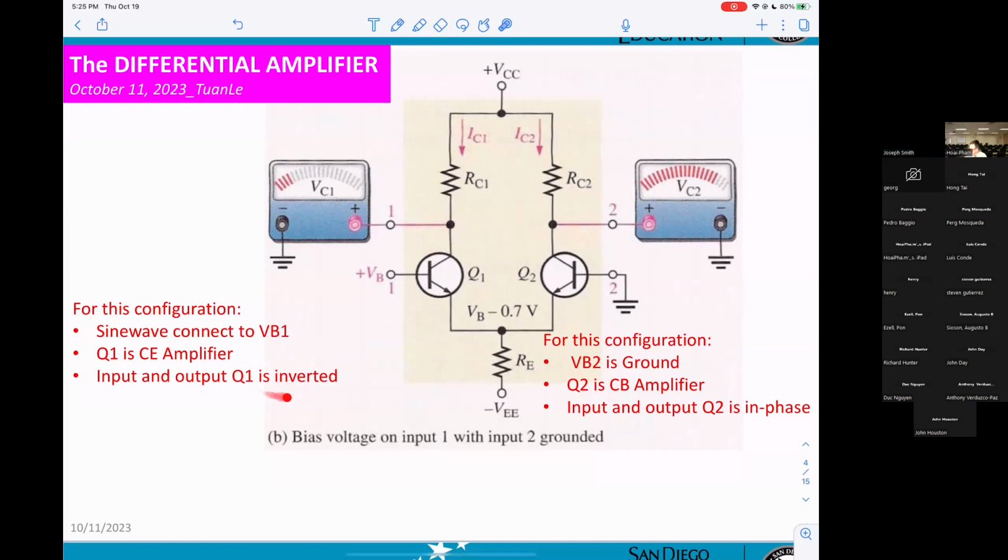Okay, 180 degrees out of phase. For this configuration of Q2, VB2 is grounded. Q2 is a CB amplifier. Input and output of Q2 are in phase. That's what they want to tell you. Okay.